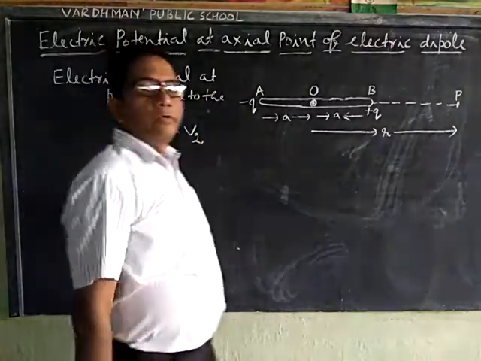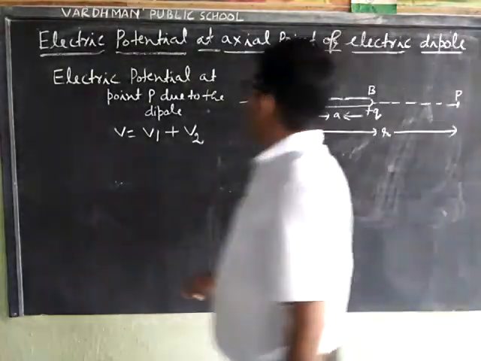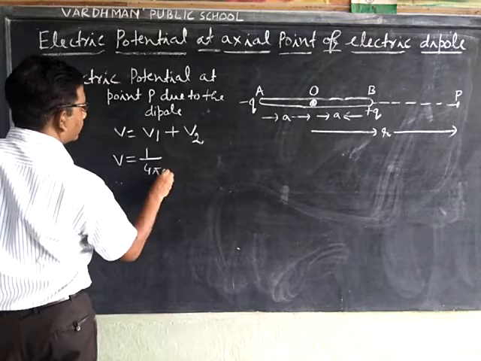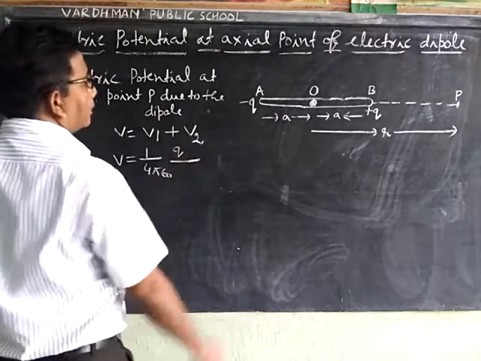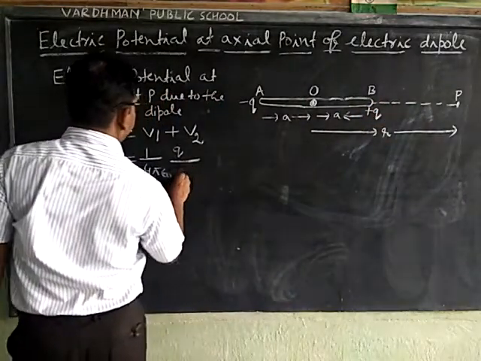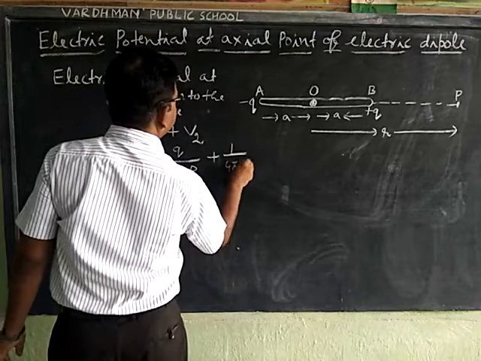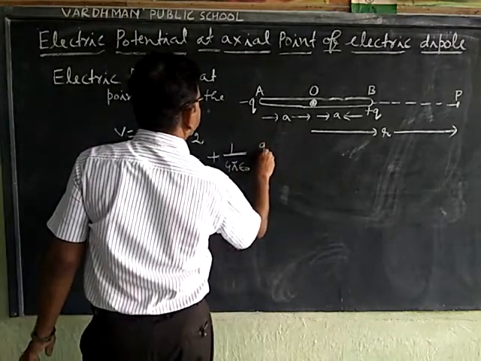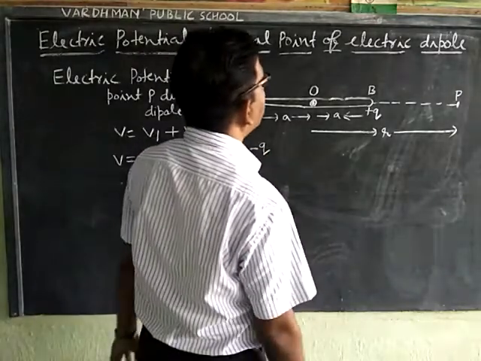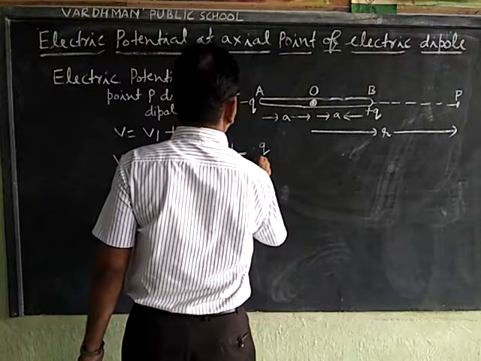Now V is equal to 1 upon 4 pi epsilon naught Q upon AP plus 1 upon 4 pi epsilon naught minus Q upon BP.